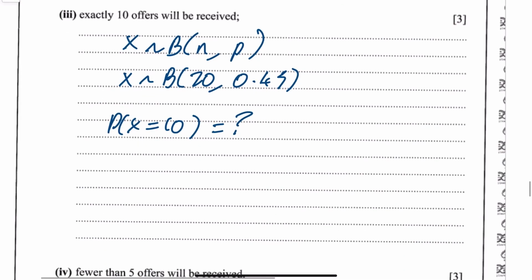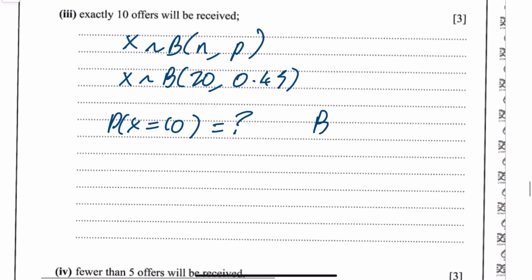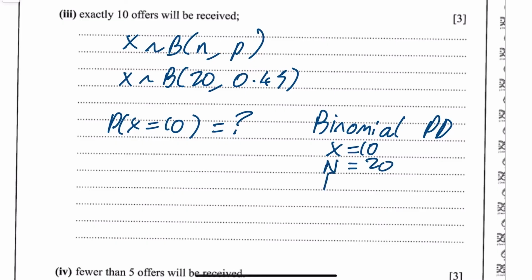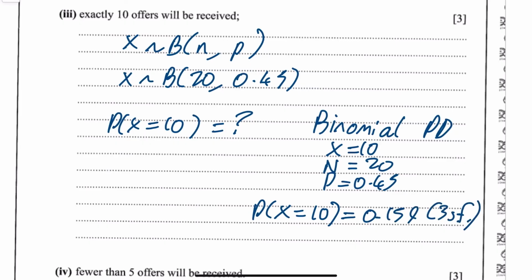There's another way of doing this, but I'm only going to show you one way. We're going to use the binomial PD on the Casio ClassWiz calculator. In it you put in your X as 10, your N as 20, and your p as 0.45. Fire that into your calculator and for X equals 10 it gives you 0.159 to 3 sig figs.